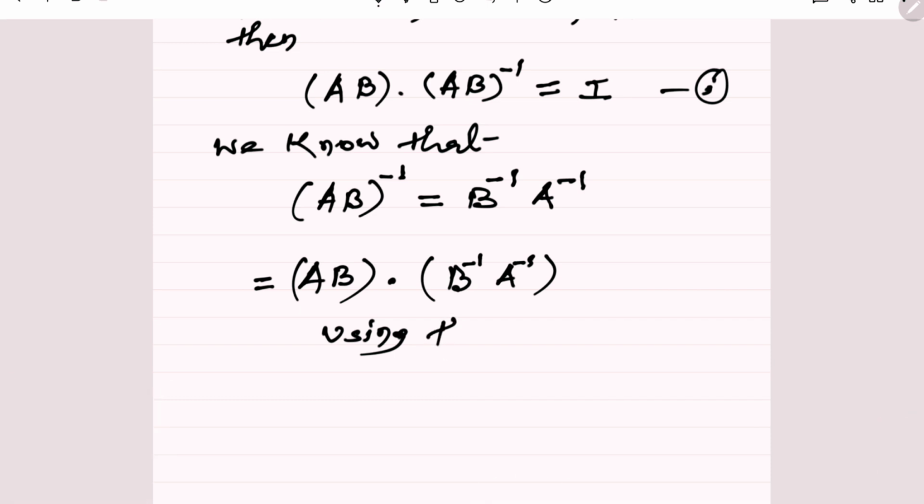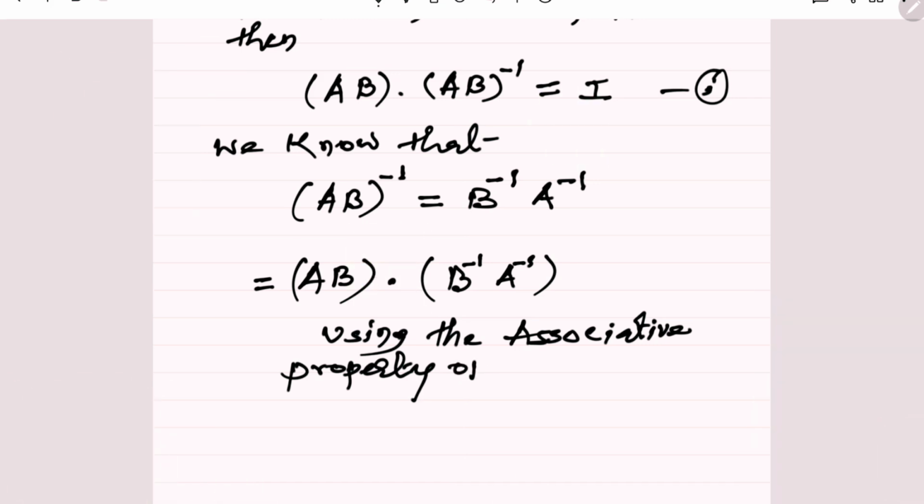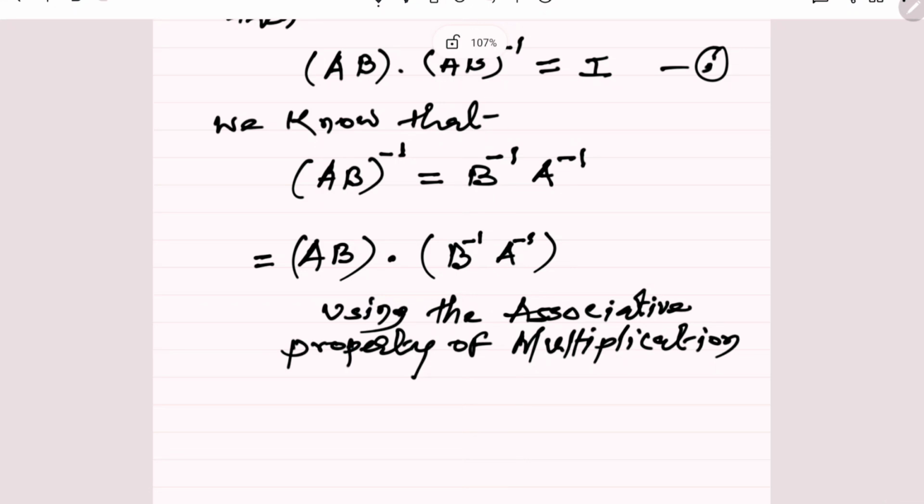and then using the associative law for the multiplication of two matrices, we can rewrite the above step as A into, in bracket, B into B inverse, bracket close, and into A inverse.